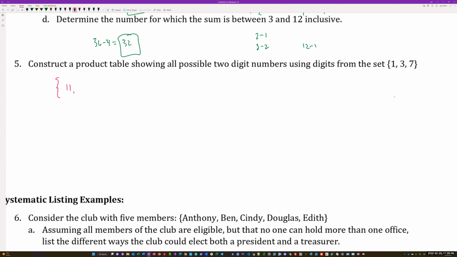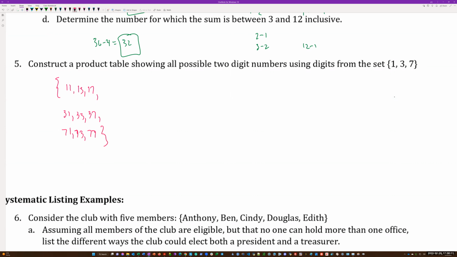Then what? 13, then no 15, there's no 5. 17, then 31, 33, 37, 71, 73, 77.